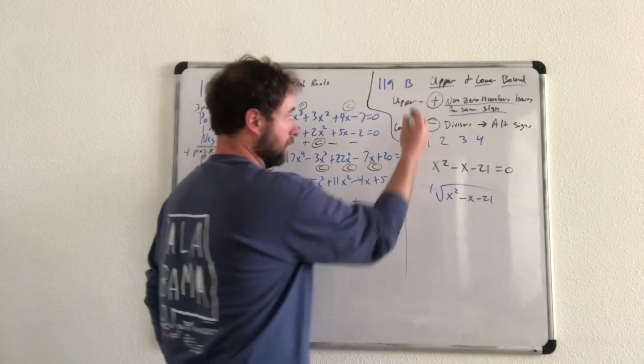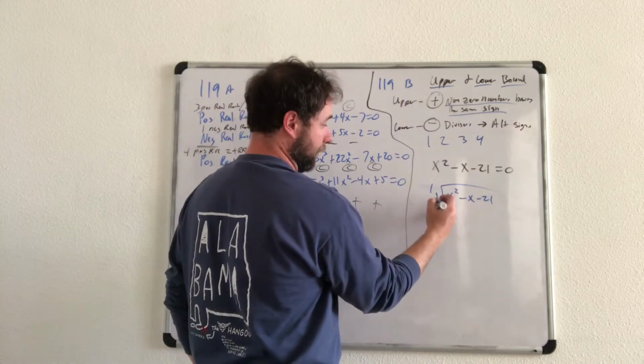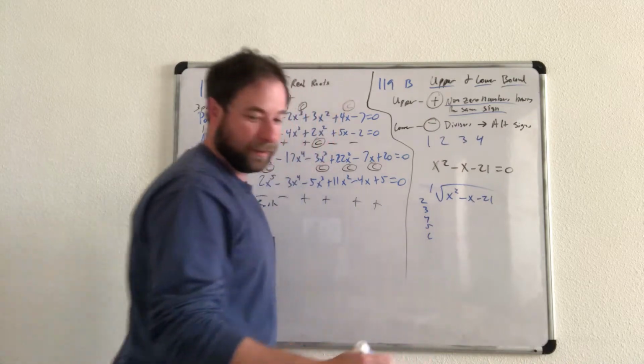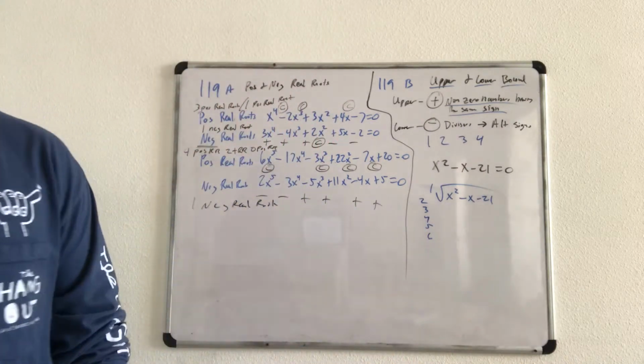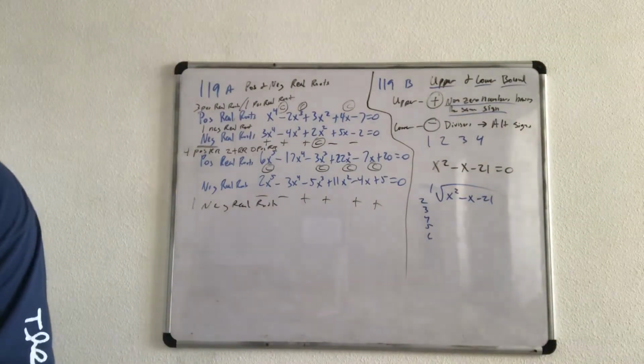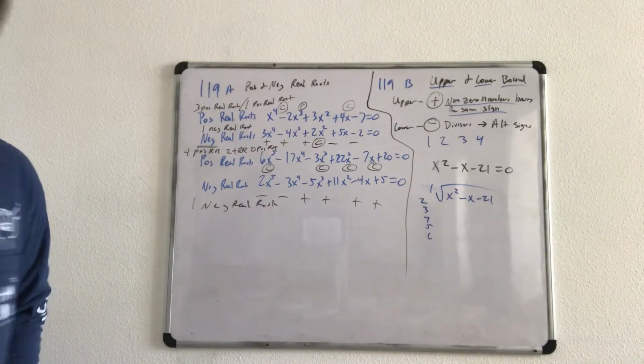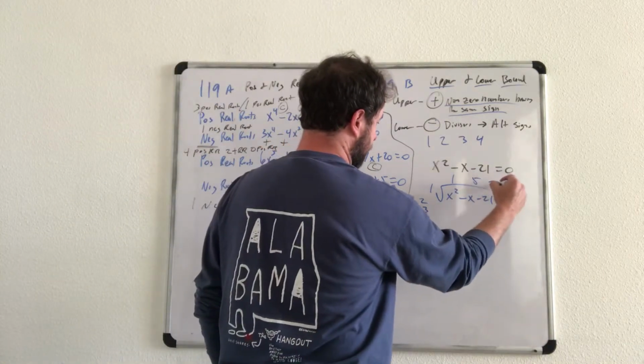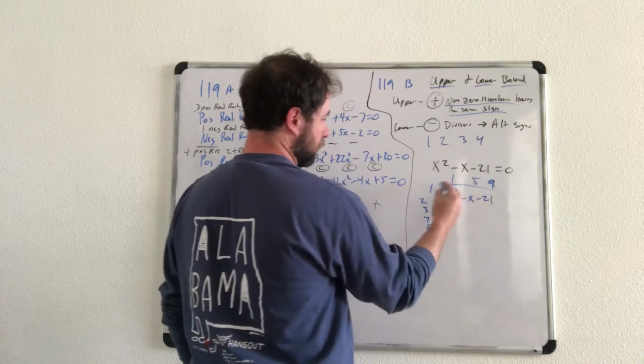And what you're going to end up doing in this one on the upper bound is you're going to plug in 1, then you're going to try 2, then 3, then 4, then 5. It's not going to be until you get to 6, actually, that what you get for this is 1, 5, 9. Which are all positive.